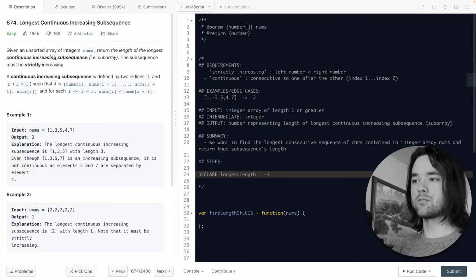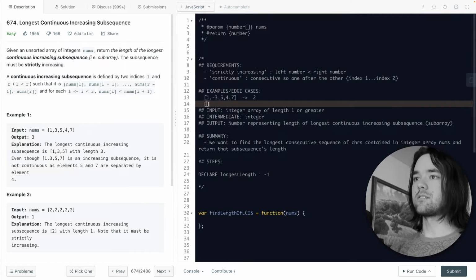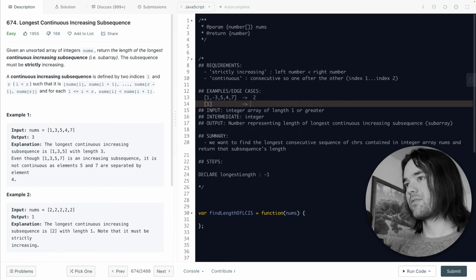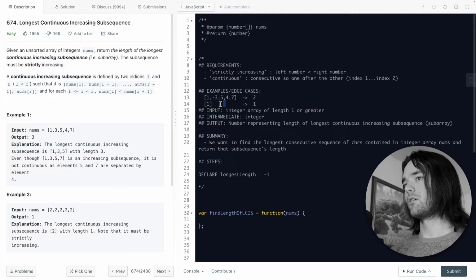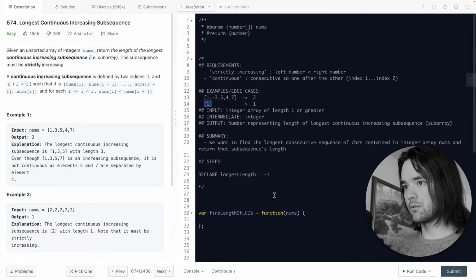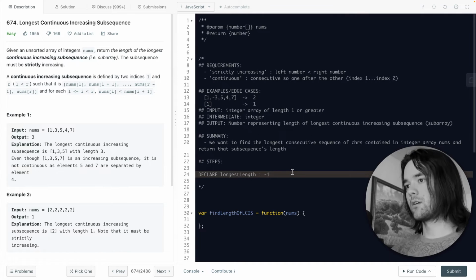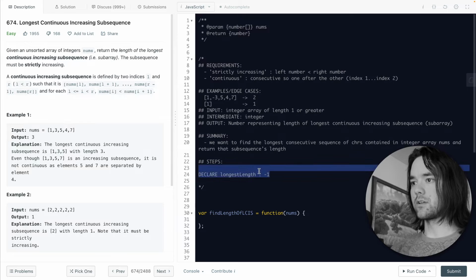Its initial value doesn't matter so long as it's less than 1, because that would be the minimum length, even if we had some test case of length 1, that's the minimum length of our integer array nums. So this value is relatively arbitrary.